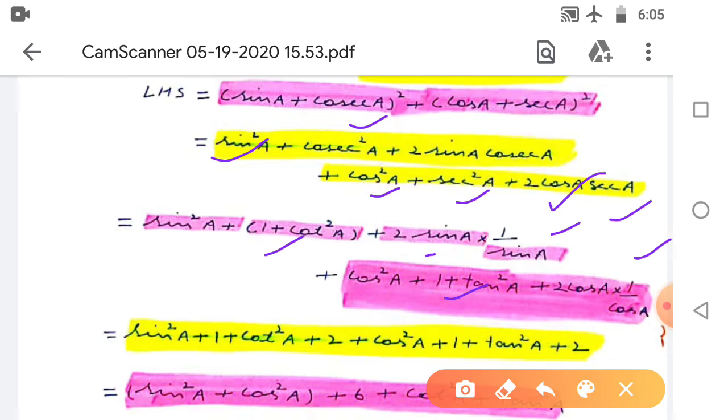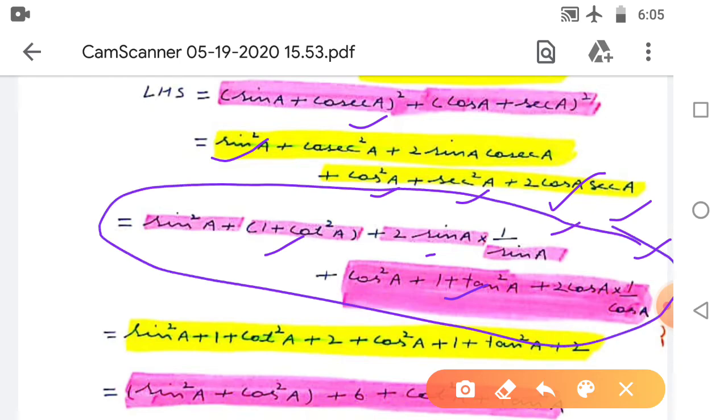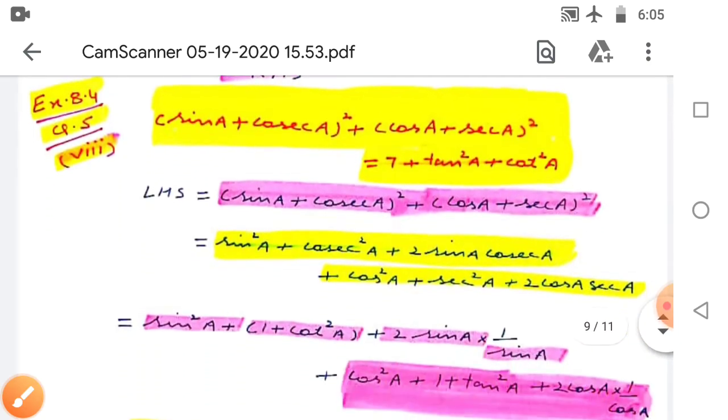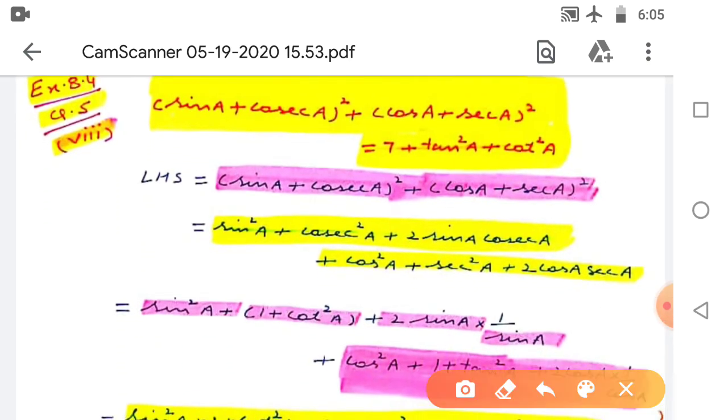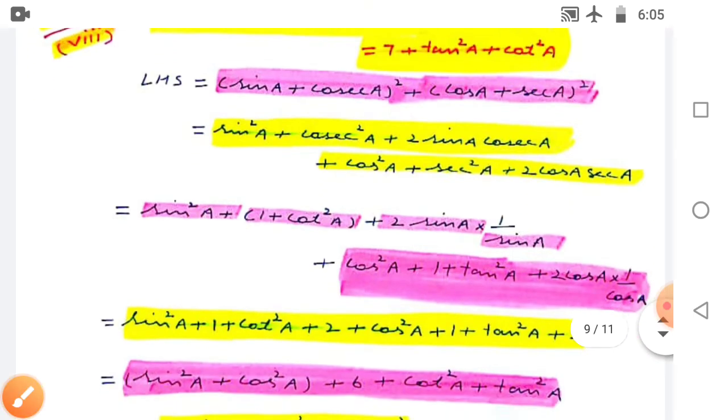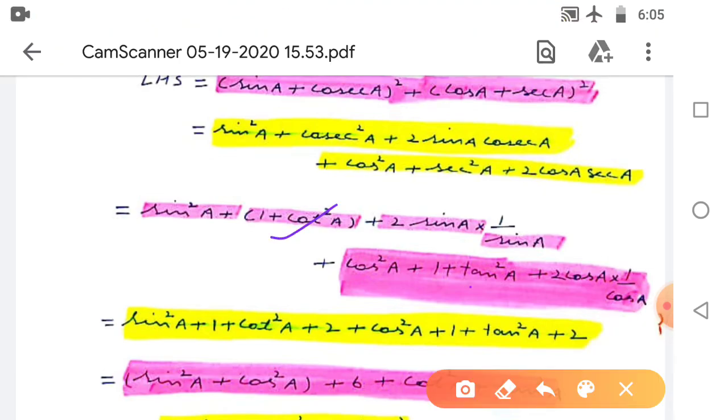Clear? Why are we doing it like this? The reason being, look at the RHS. In the RHS we have tan square a and cot square a. Clear? So here cot square a, tan square a.